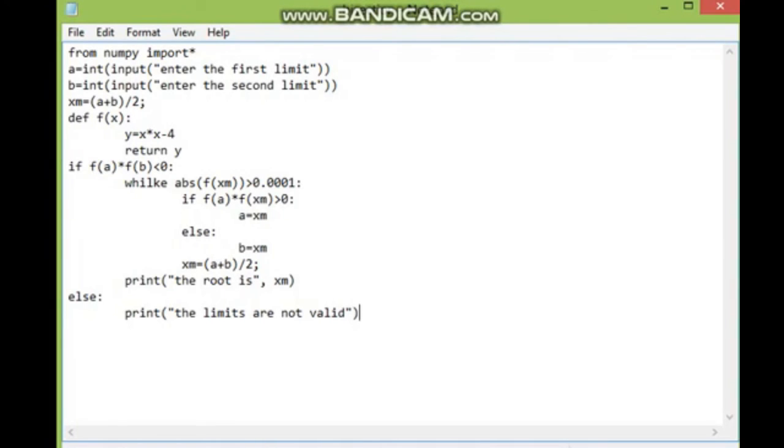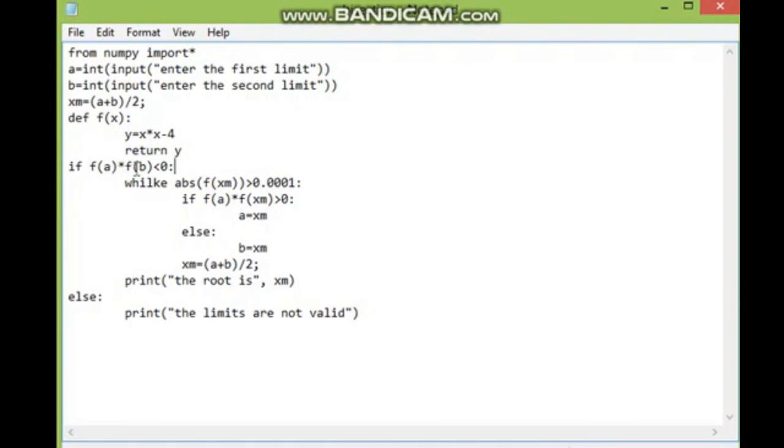I hope you understood this program. First you have to enter these limits, a and b. Then we go to the instruction which finds the midpoint of that interval. Then we define the function, and we calculate whether the given interval gives a negative value by taking this product.